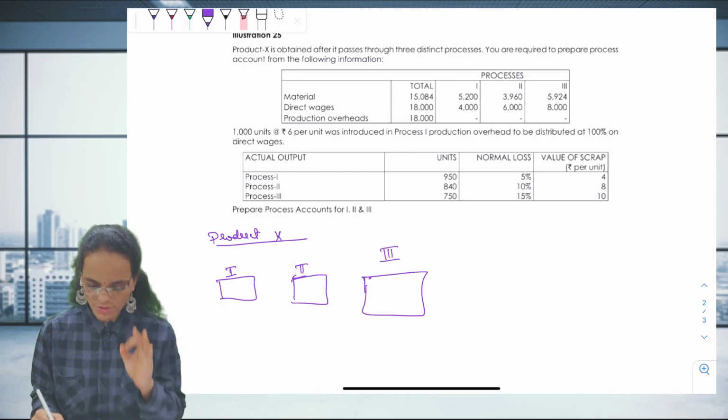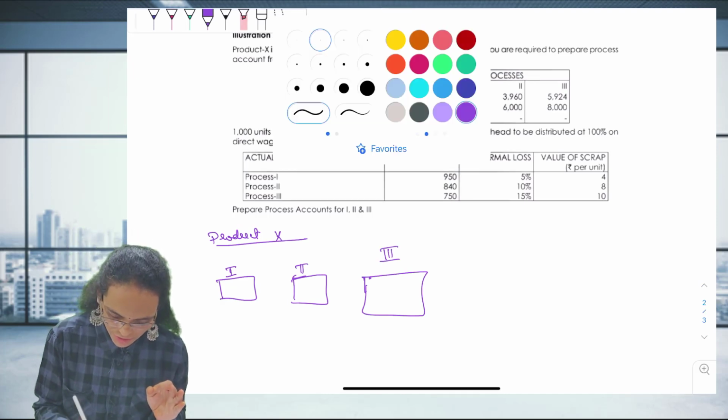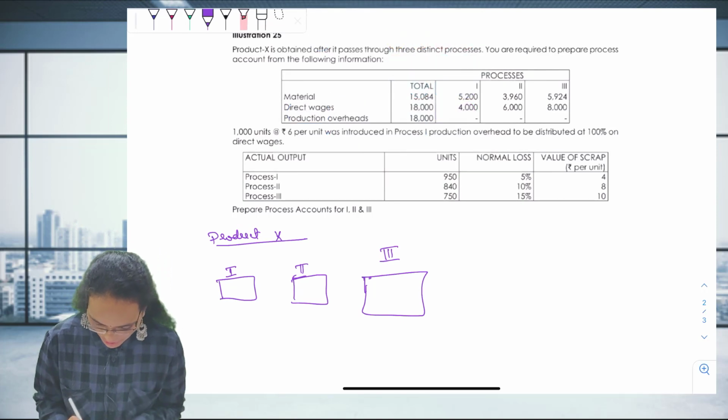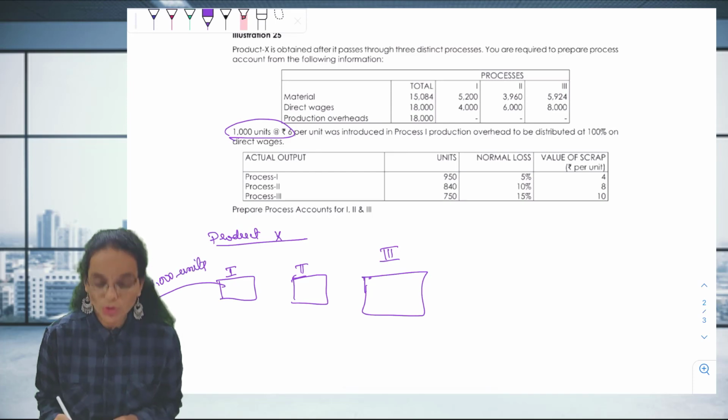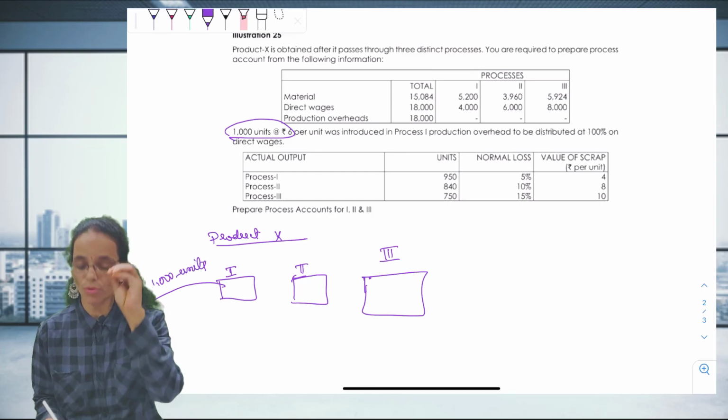In the first process, the input was given: 1000 kgs, 1000 units have been introduced in process 1.